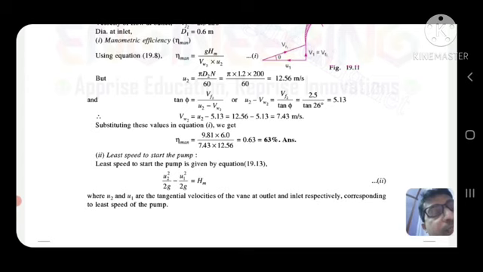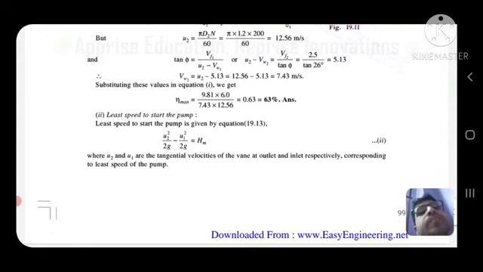Least speed to start the pump. The least speed to start the pump is given by U2 square by 2g minus U1 square by 2g equal to Hm, where U2 and U1 are the tangential velocities of the vane at the outlet and inlet respectively, corresponding to least speed of the pump.